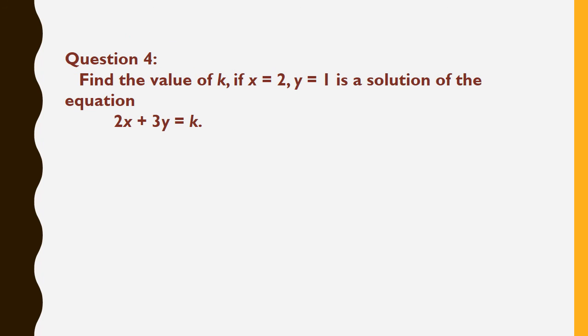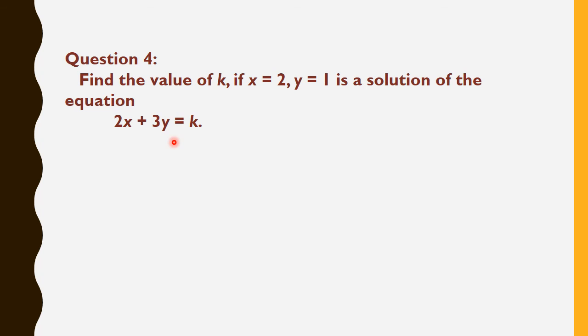Question number 4. Find the value of k if x equals 2, y equals 1 is a solution of the equation 2x plus 3y equals k. Now, in this question, it is already told that x equals 2 and y equals 1 is a solution of this equation. So it will definitely satisfy this equation.